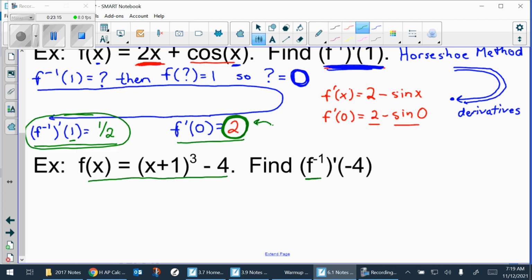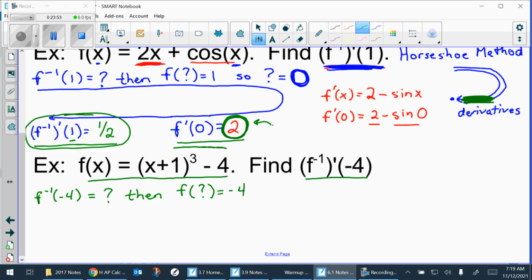My goal is to find f inverse prime at -4, so I'm not going to start with the derivative. Remember, the derivative happens down here on the bottom part of the horseshoe. The top part of the horseshoe is the inverse. f inverse of -4 is equal to, I don't know, and f of, I don't know, is equal to -4.